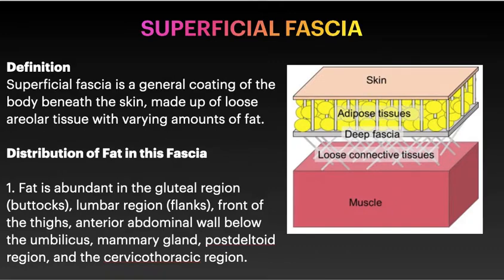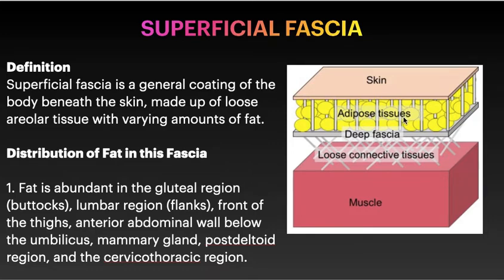Right. Now come to the superficial fascia. Next layer. This was the skin. Right. We have the superficial fascia over here. It is the general coating of the body beneath the skin, made up of loose areolar tissue with varying amounts of fat.